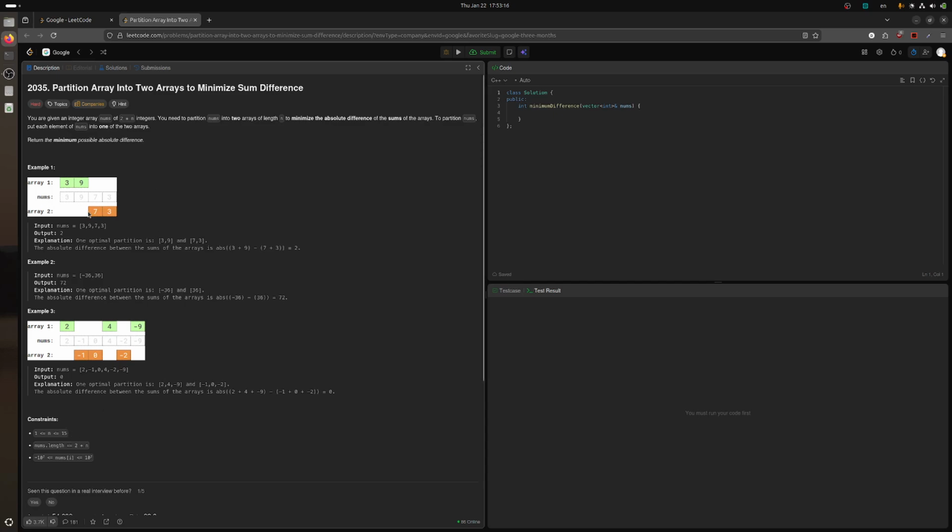So we calculate subset sums for each half. We pick the first half of elements and the second half of elements, and we keep their difference.